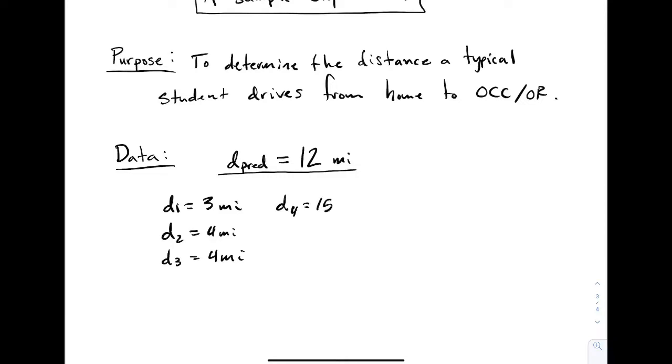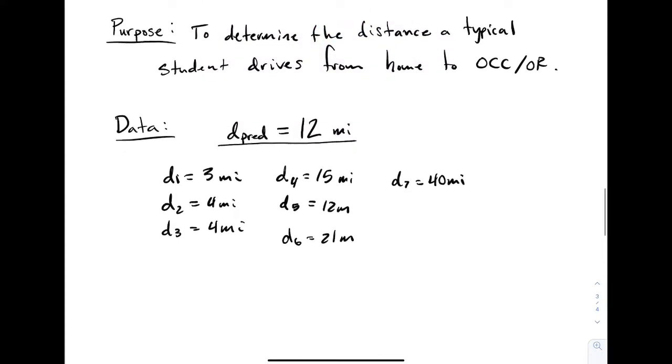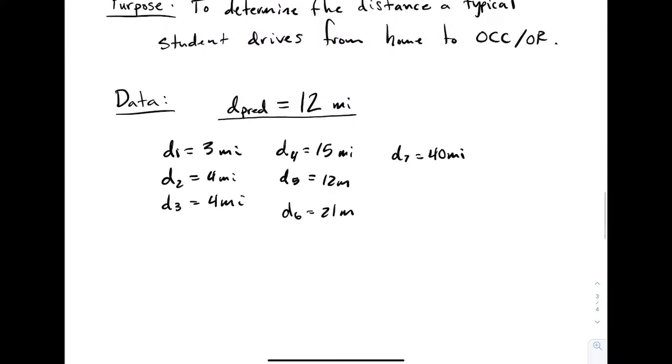So we have 3 miles, 4 miles, 4 miles again, 15 miles, 12 miles, 21 miles, and 40 miles. So that was the data I collected. And that was it for the data. We had a predicted value and then the 7 data that I got.